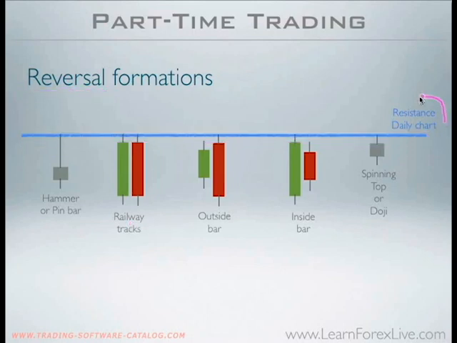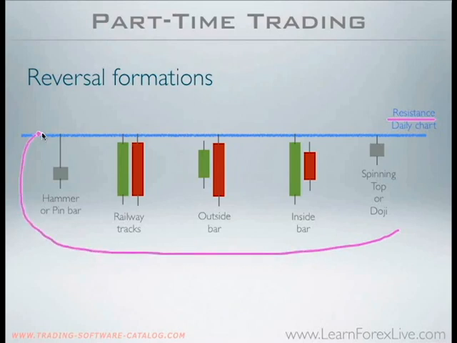As an example, just for the sake of discussion, I've located here a horizontal line which represents a resistance line on the daily time frame. This could be the daily, the weekly, the monthly, it doesn't matter. All these principles are universal across all time frames. Also, it doesn't have to be a resistance; it could also work as support.